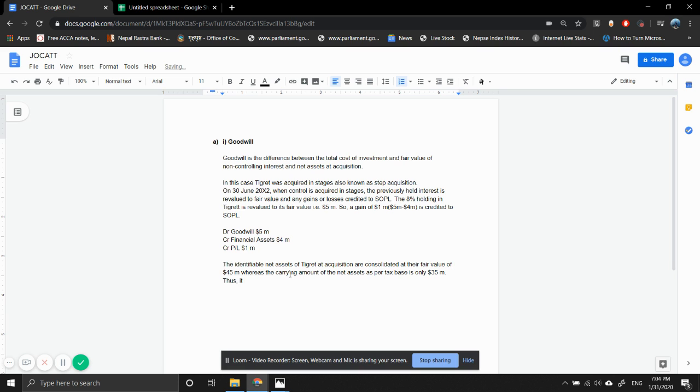Thus, it creates a taxable difference of $10 million, and a deferred tax liability of $3 million, right? Because $10 million into 30%.